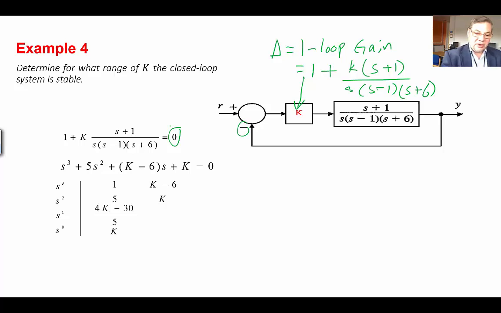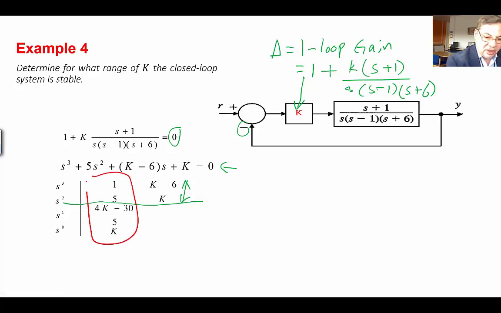Simplify and then construct. These first two rows here are from this equation. Then construct the rest of the array. For the system to be stable, we need to have no change of sign in the first column. So we don't need any change of sign here.